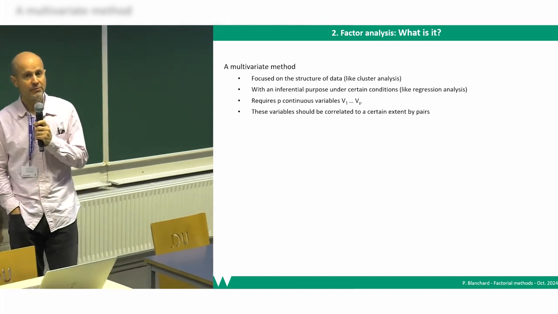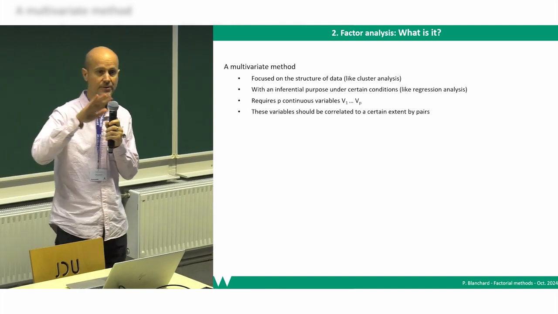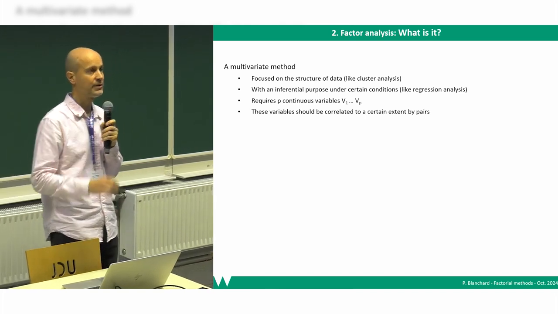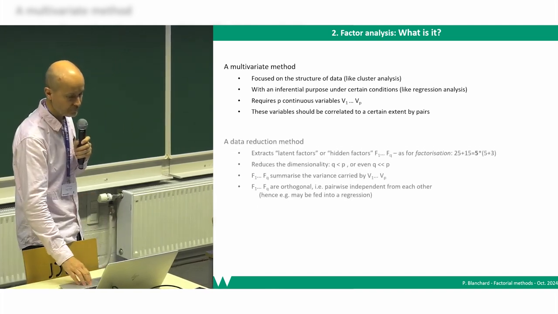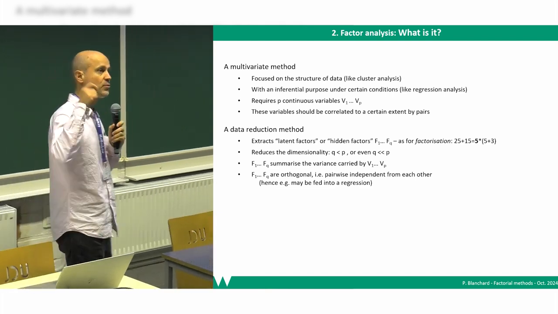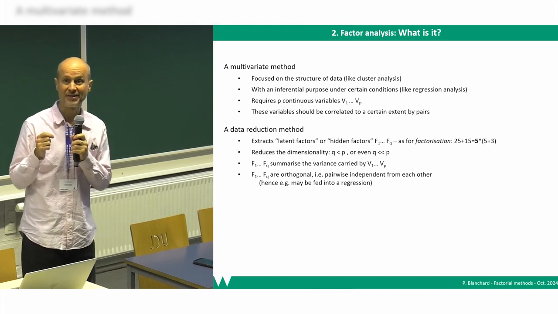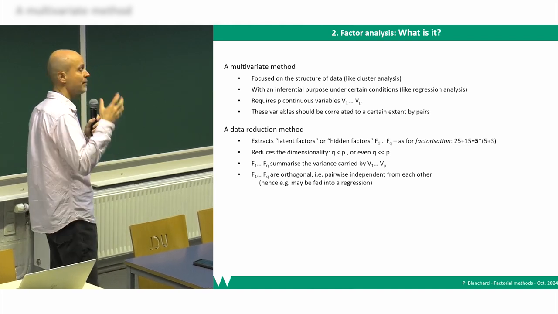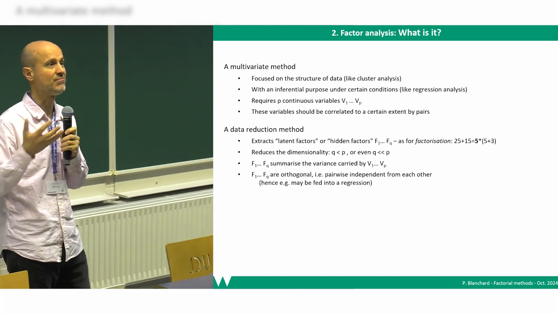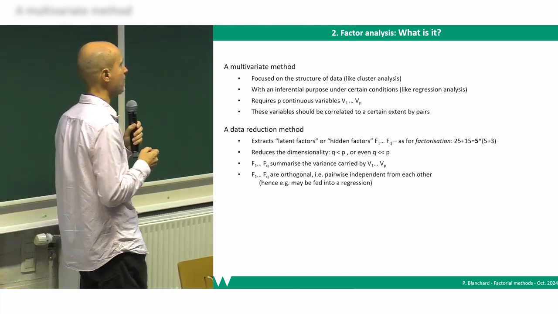And there should be some degree of correlation between those variables because we're going to be interested in the zones of overlap between those variables. It is a data reduction method. Some textbooks of data analysis are named actually data reduction. It's interesting, right? And all methods are somehow some summaries of your data.